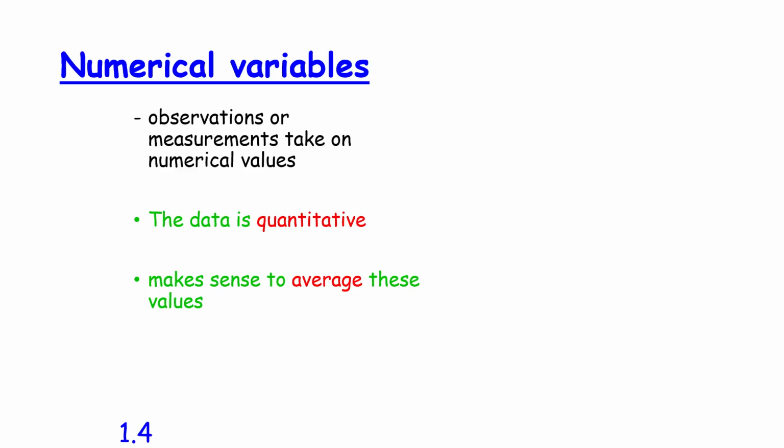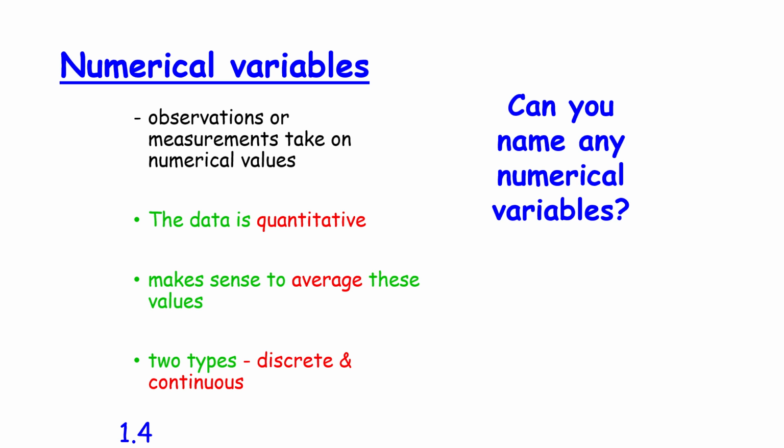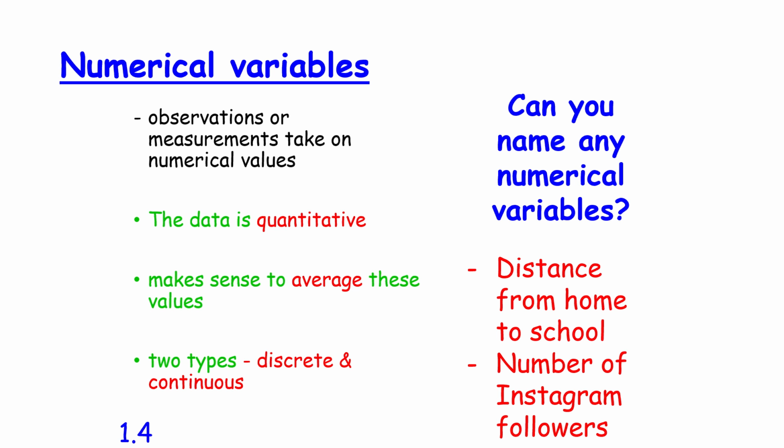Now, in numerical variables, there are two types, discrete and continuous. Can you name any numerical variables? Things that are quantitative, that will give you a numerical answer of value. The distance from home or the number of Instagram followers somebody has would be considered numerical variables.